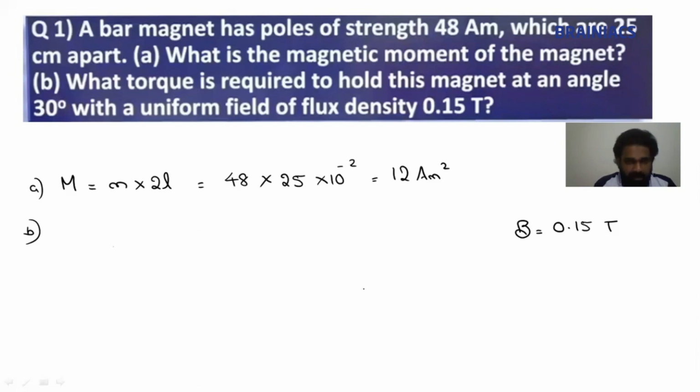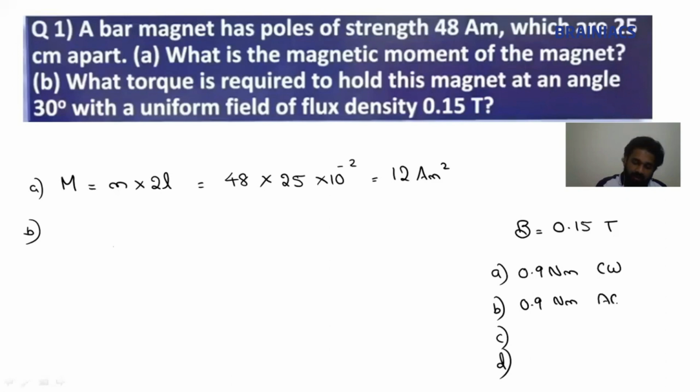So magnetic dipole moment 12 into magnetic field into sine 30. In the options they are going to give clockwise as well as anti-clockwise. You might have got 0.9 Newton meter. So options they are going to give, this is going to be clockwise 0.9 Newton meter, anti-clockwise, then some other values also will be there.